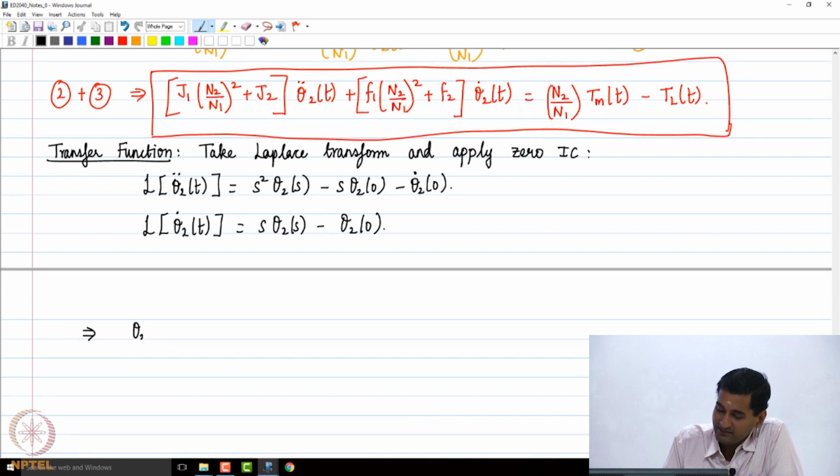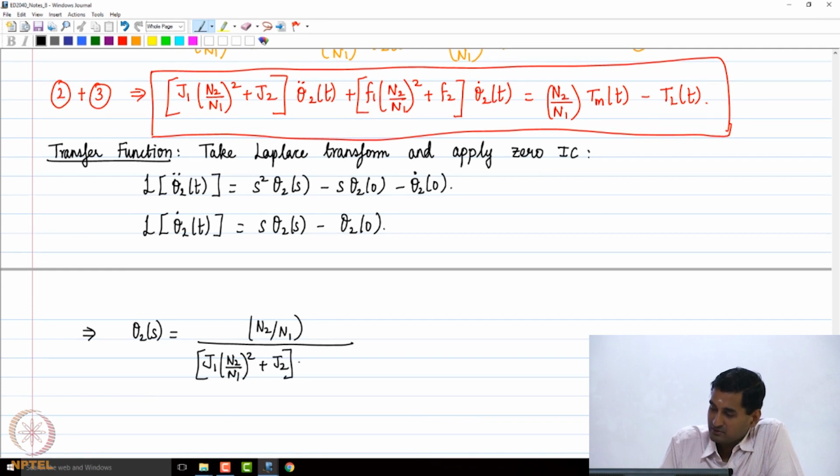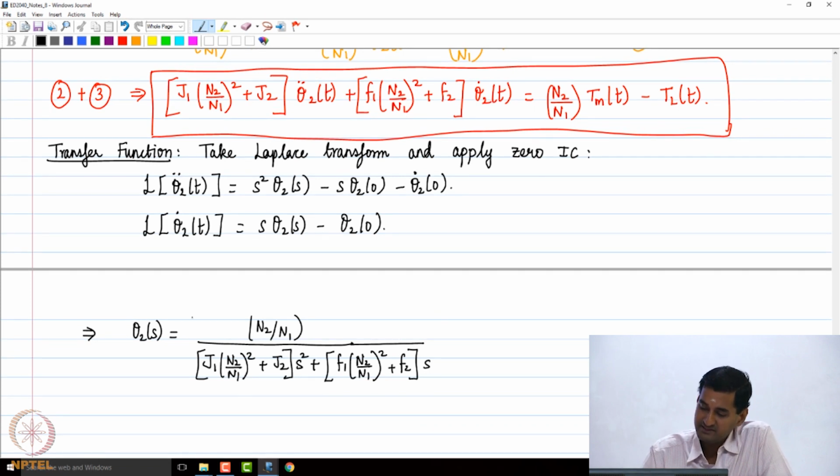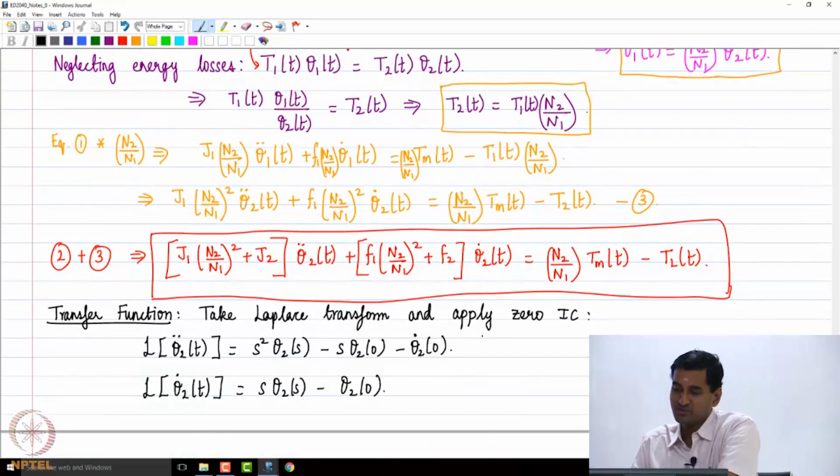We are going to get the following: theta 2(s) is going to be N2 divided by N1, the whole thing divided by J1 (N2 by N1) whole squared plus J2, times s squared plus F1 (N2 by N1) whole squared plus F2, times s, this multiplying Tm(s). That is what the first term is.